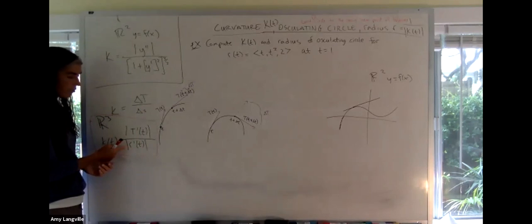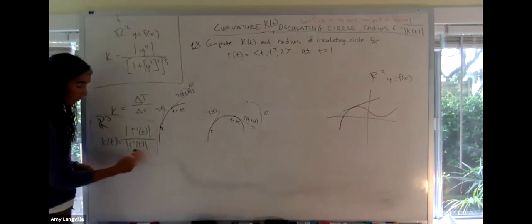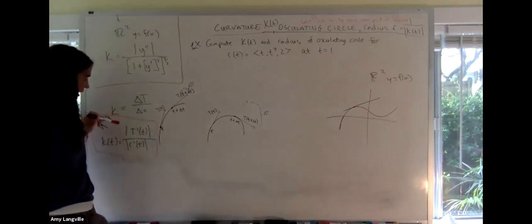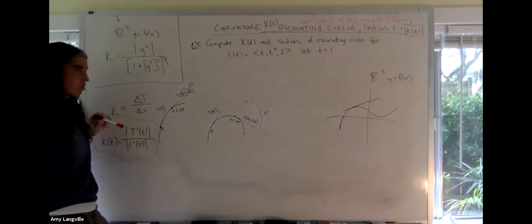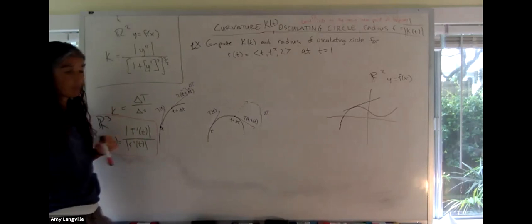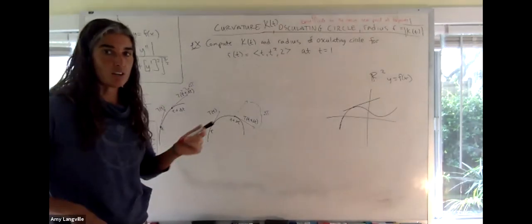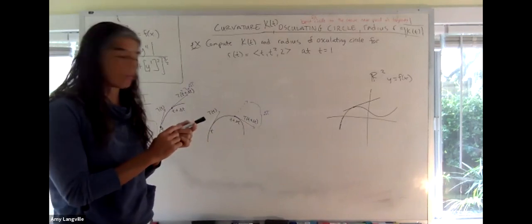The denominator represents the speed, which we called the speed function in the earlier lesson. The numerator is the length of the rate of change of the tangent vector. Remember, T is the unit tangent vector, the direction of motion normalized to have length 1.